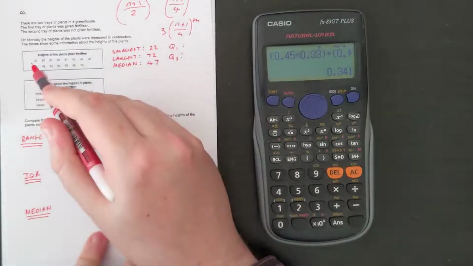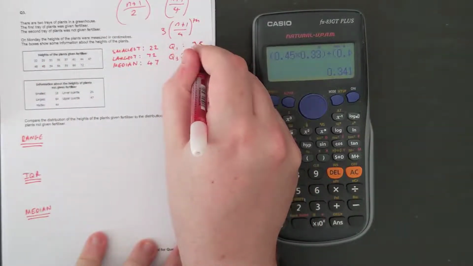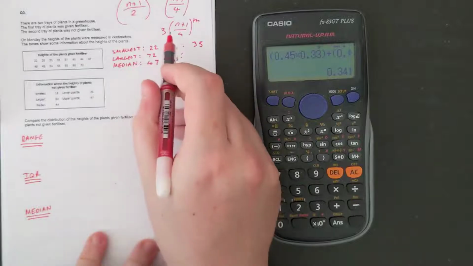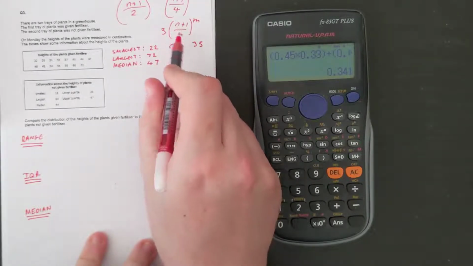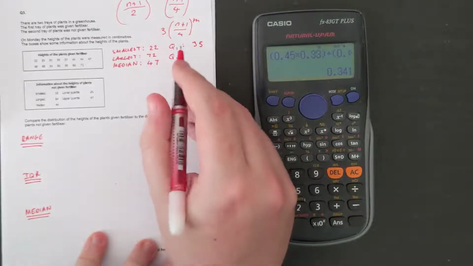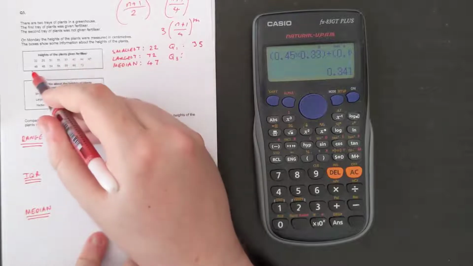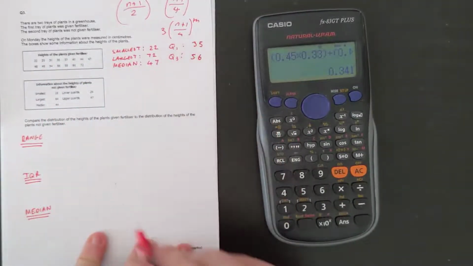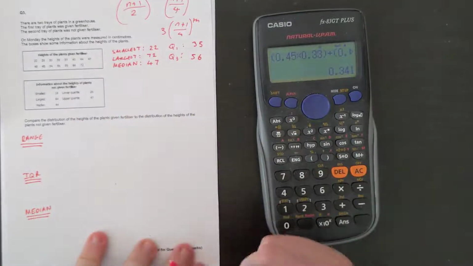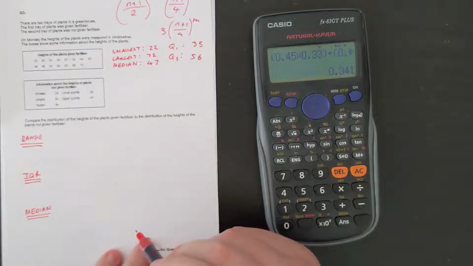So I need my 4th term. 1, 2, 3, 4. So quartile 1 is 35. And then my 3 times n plus 1 over 4th term, n is 15, so 16 over 4, 4. So 3 times 4 is my 12th term. 1, 2, 3, 4, 5, 6, 7, 8, 9, 10, 11, 12. That's my 56 centimetre height.